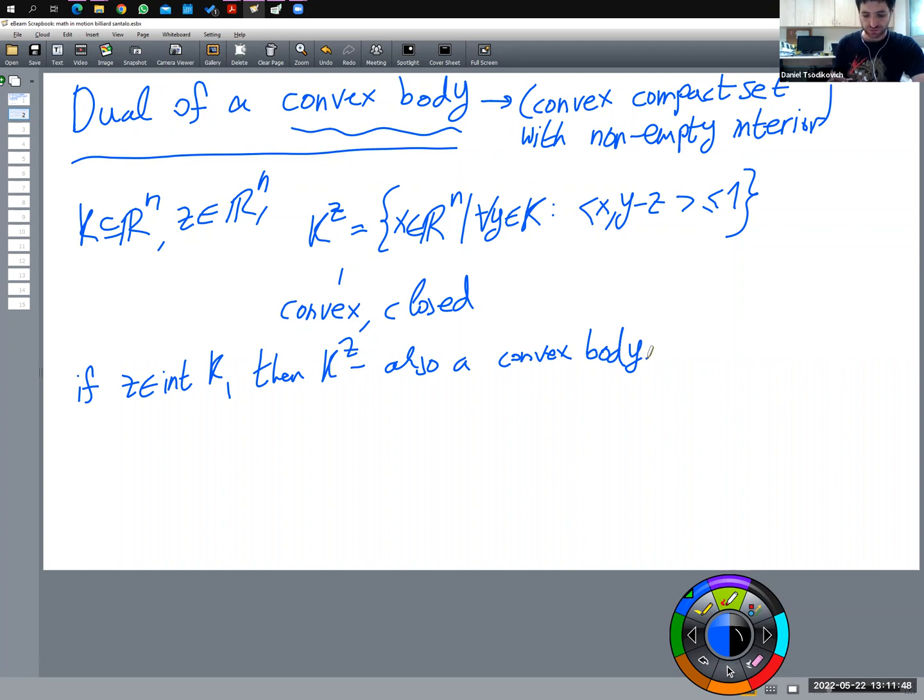Moreover, this operation is involutive. So if I take the dual of K and then take the dual of that with respect to the origin, then I will get the shift of K to the origin.